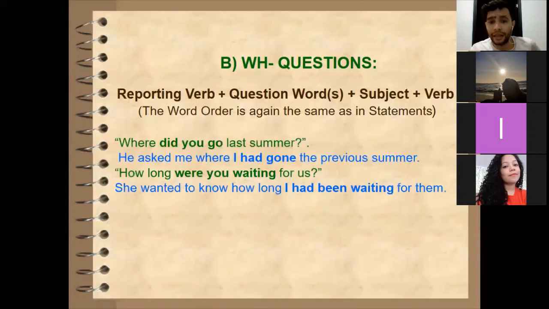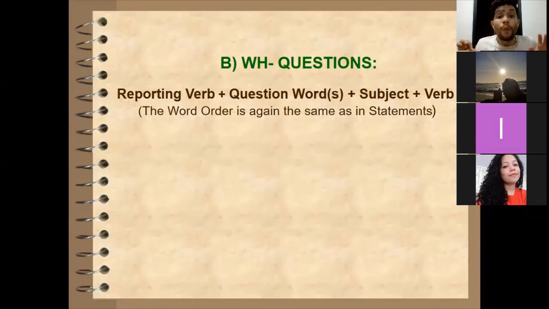In the case of the WH questions, everything is the same, but the only thing that is going to be different is that we are not going to use if or whether. Instead of if or whether, we are going to use the WH question word.